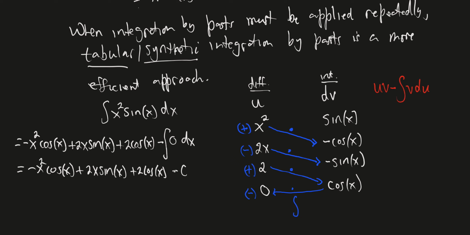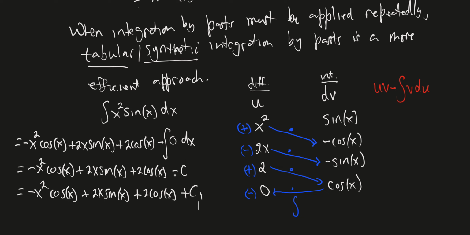If I really just like to have a positive constant there, or adding a constant, then all I have to do is, just like I did earlier, change that minus c to a plus c1. So make it negative x squared cosine of x plus 2x sine of x plus 2 cosine of x plus c1. And in this case, c1 is the negative of c, right?